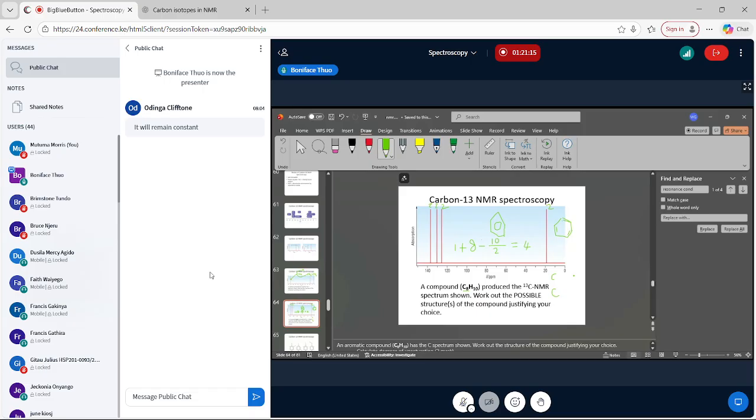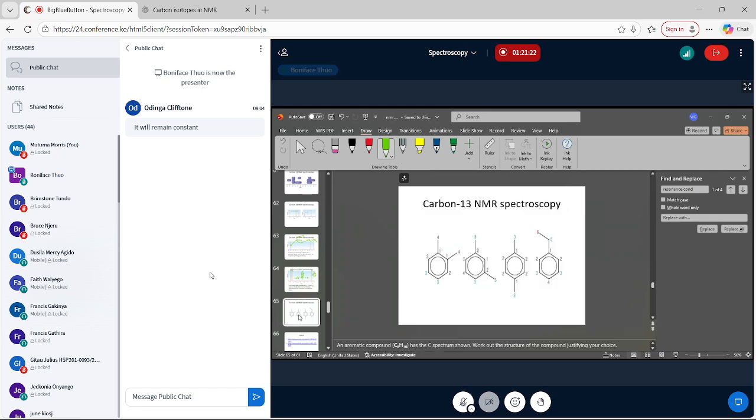So we can draw all the possibilities of the different substitutions and then work out which of them we have.